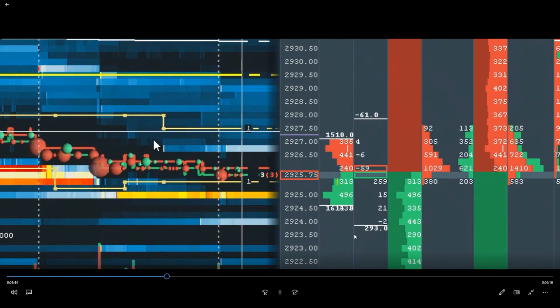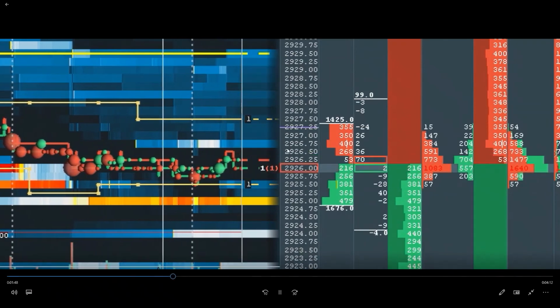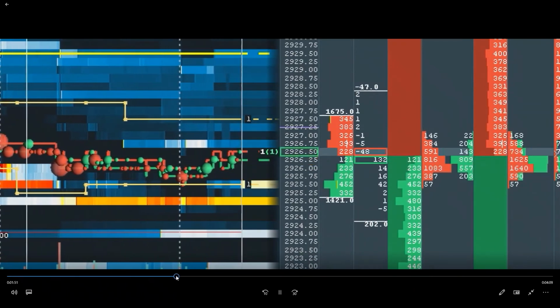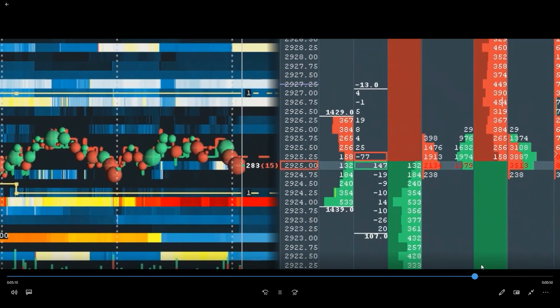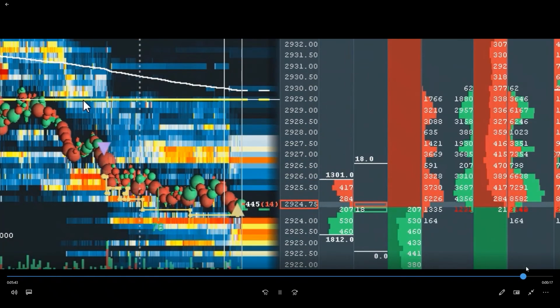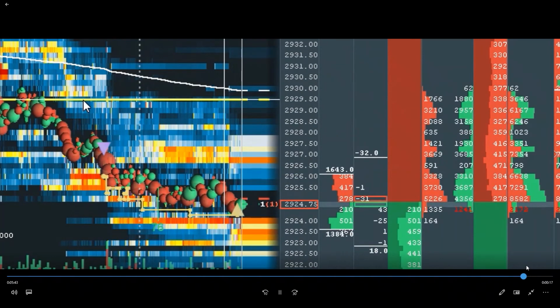There are some buyers coming in there. I should have gotten out a little bit quicker. I think on this trade I held it way longer, because there was a downtrend over here.